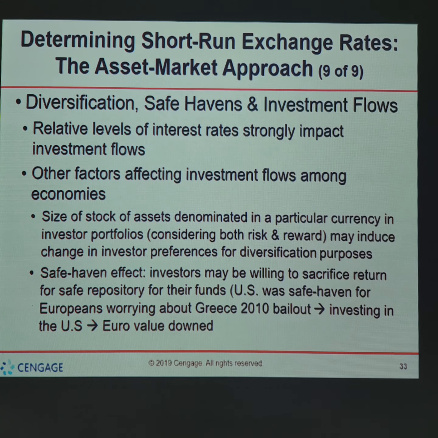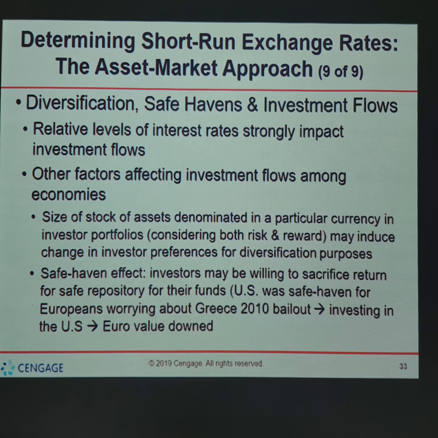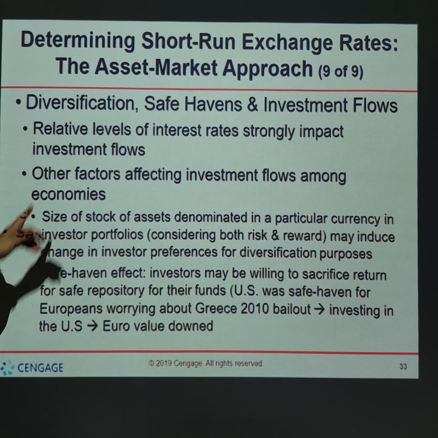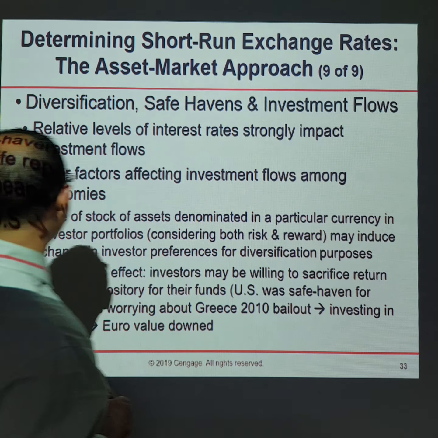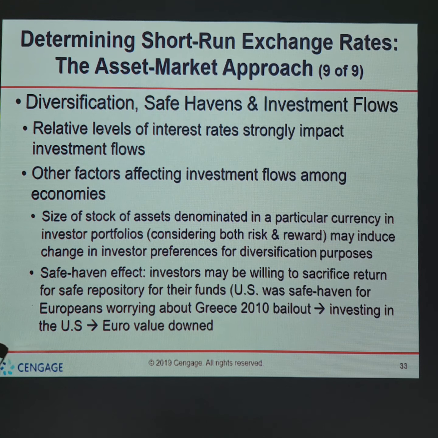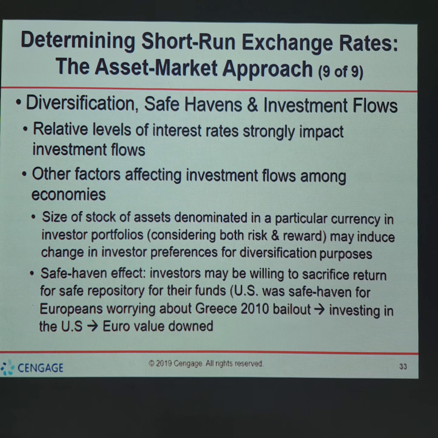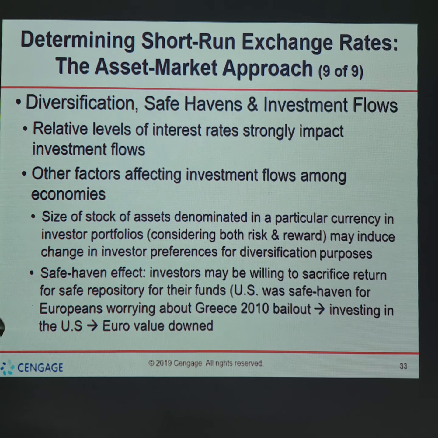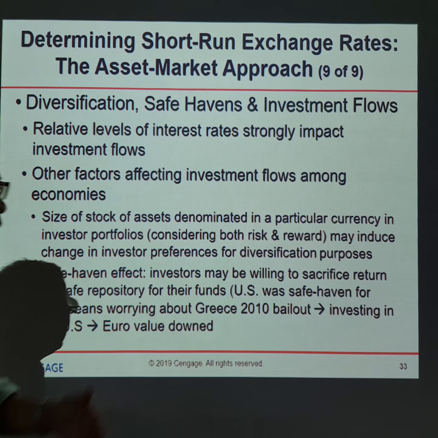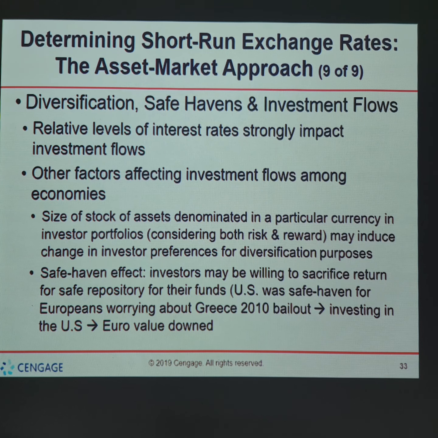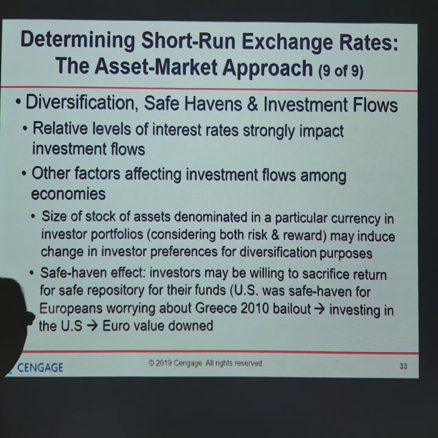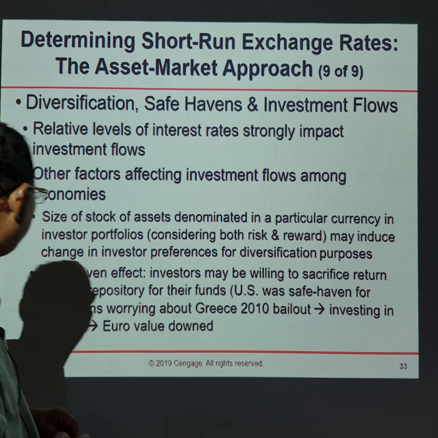However, in the short run, there's going to be diversification, safe havens, and investment flows. Relative levels of interest rates strongly impact investment flows. Other factors affecting investment flows among economists: the size of the stock of assets denominated in a particular currency in investors' portfolios. They consider both risk and reward, which may induce a change in investors' preferences for diversification purposes.